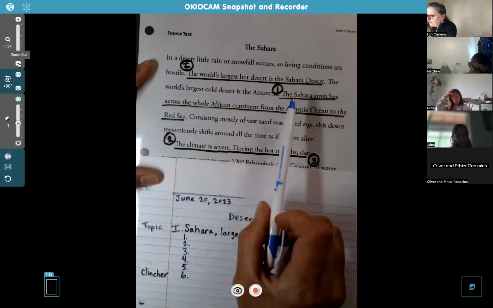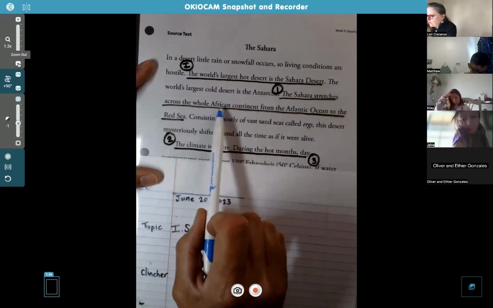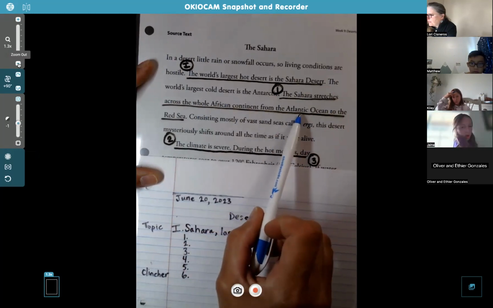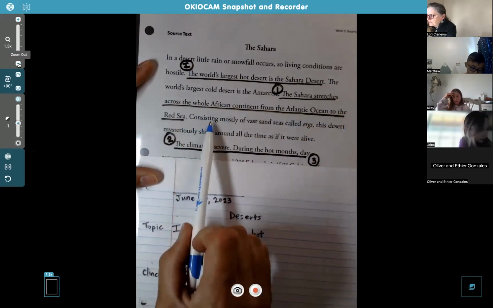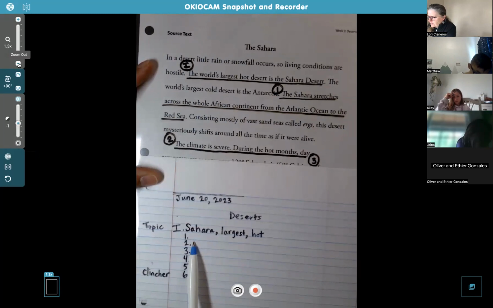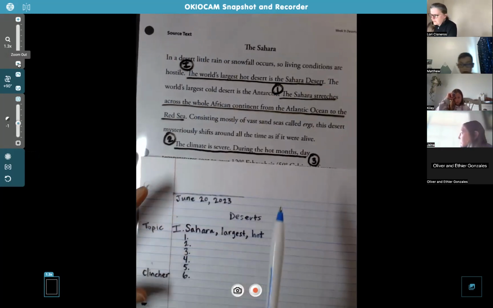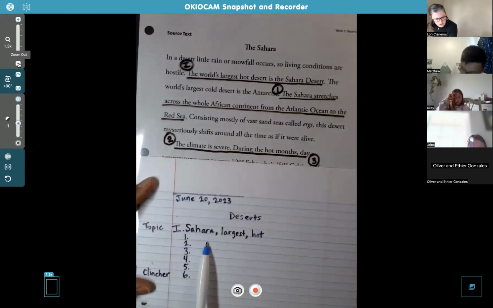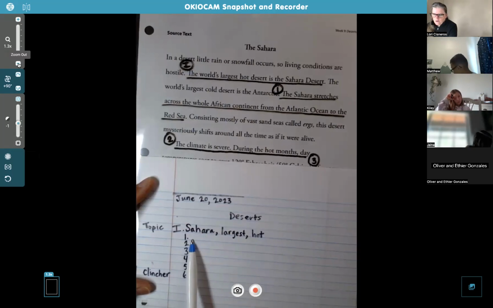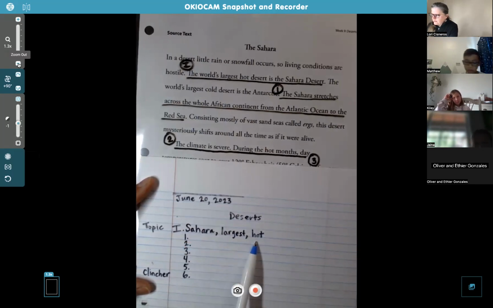For example, the Sahara stretches across the whole African continent from the Atlantic Ocean to the Red Sea. You could say Sahara. No, you don't need to say Sahara again. You could say whole and then put African continent and then a big arrow. That tells you it stretches across the whole African continent, right? That's an example of the keywords you can put here for number 1.